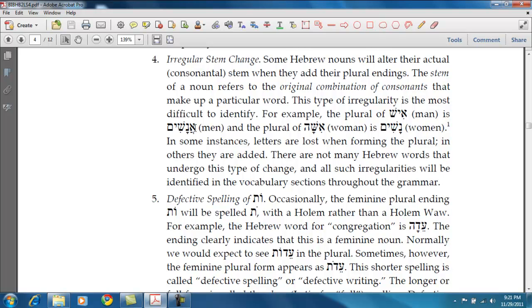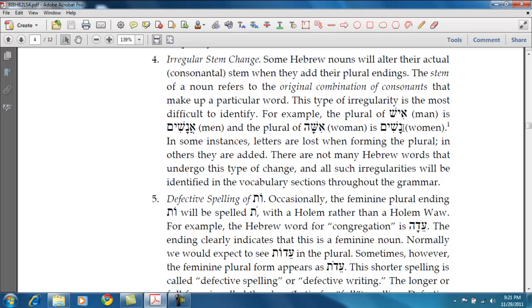Men have the aleph and women don't have the aleph. So basically, that's the only difference for ish and isha. And so you have anashim for men and nashim for women here.